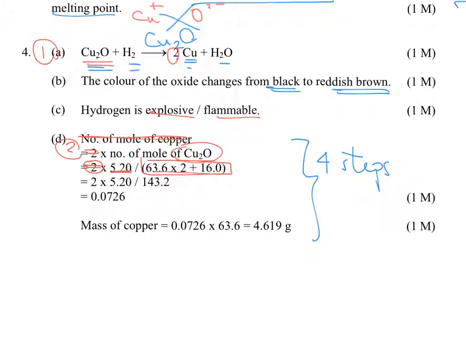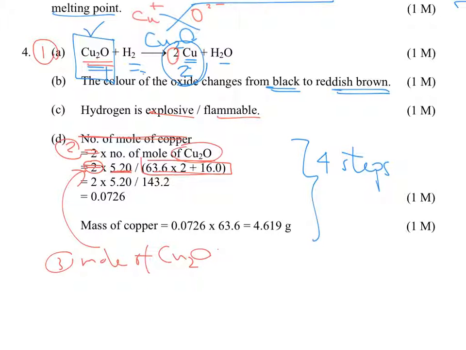And then the next step you need is the 1 to 2 ratio. We know the number of moles of copper 1 oxide, and we try to find the moles of copper because we want to find the mass of copper formed. So I put the third step here: the mole ratio of copper 1 oxide to copper should be 1 to 2.